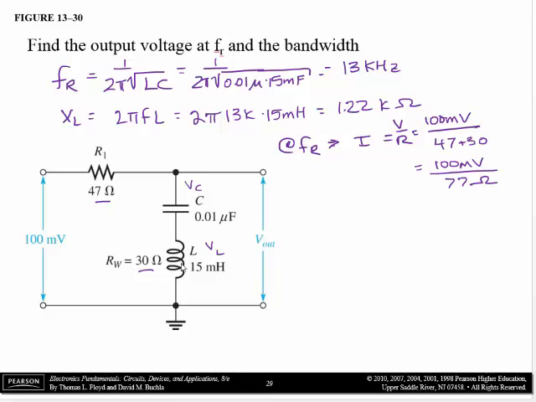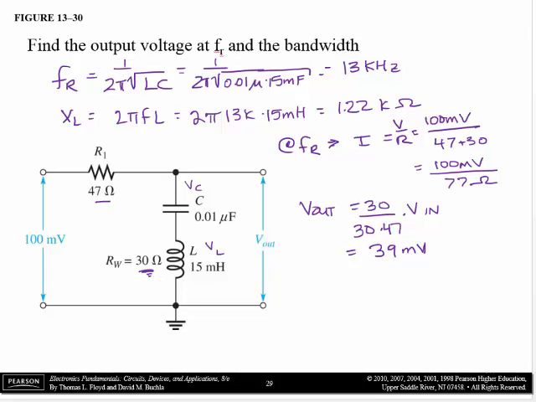But there is a winding resistance of 30 ohms, so Vout really equals, it's a voltage divider, 30 over 30 plus 47 times Vin. If you do that, then you will get that Vout is 39 millivolts.